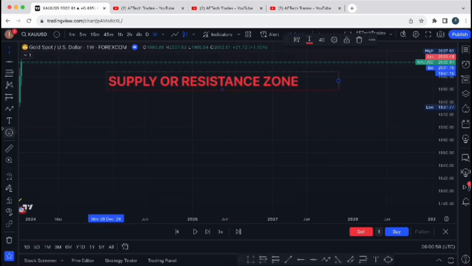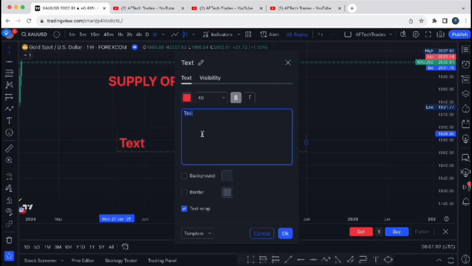Right? Then you have the demand and support zone.